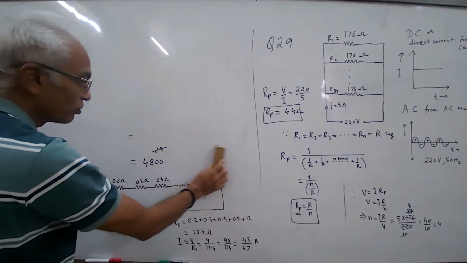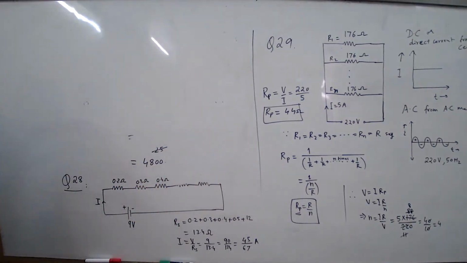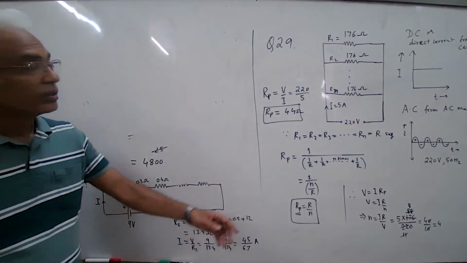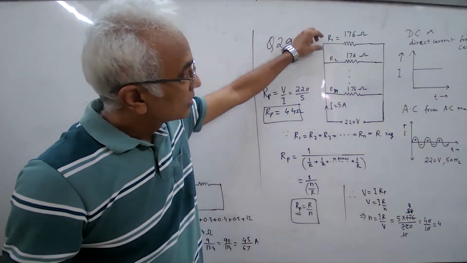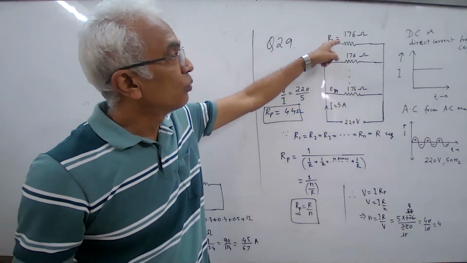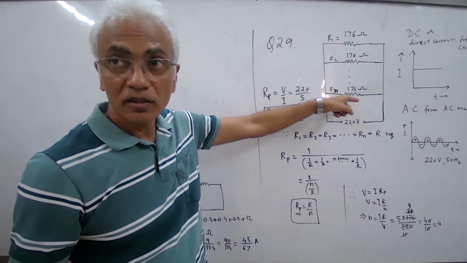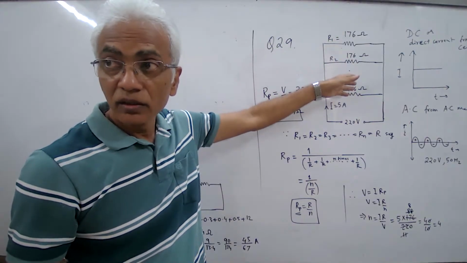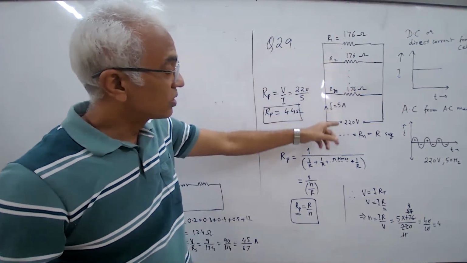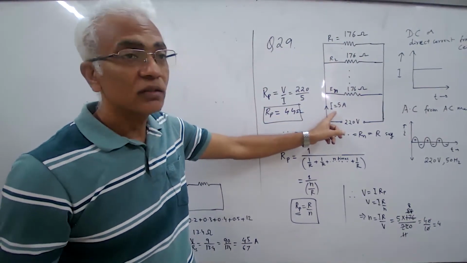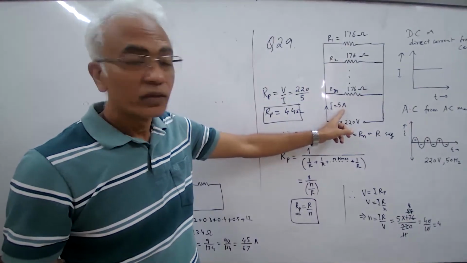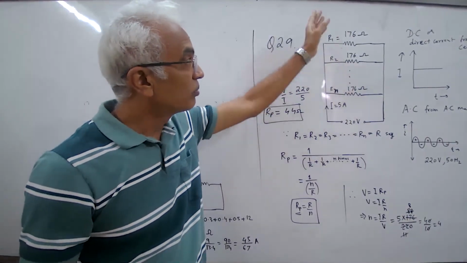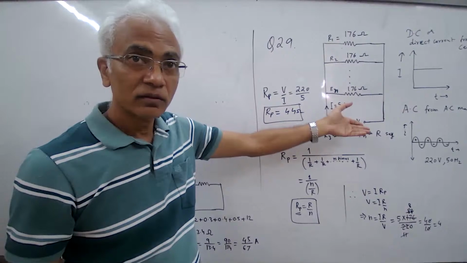Basically, have you understood the question, everybody? What is asked in the question? It says there is a parallel combination of 176 ohm resistors. We don't know how many, but after having that combination, the current measured is 5 ampere. So how many 176 ohm resistors are connected?